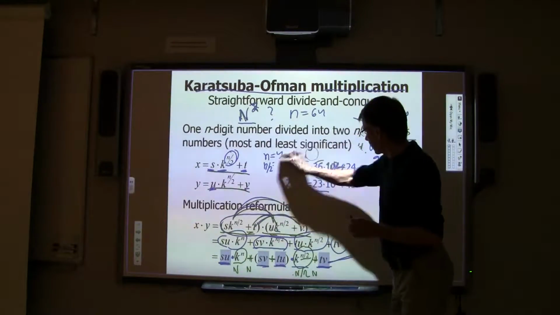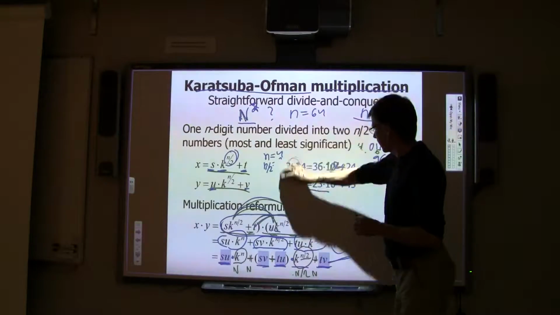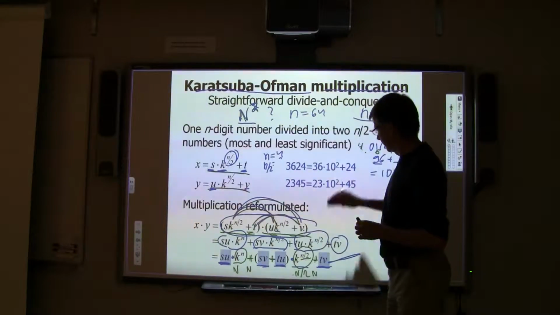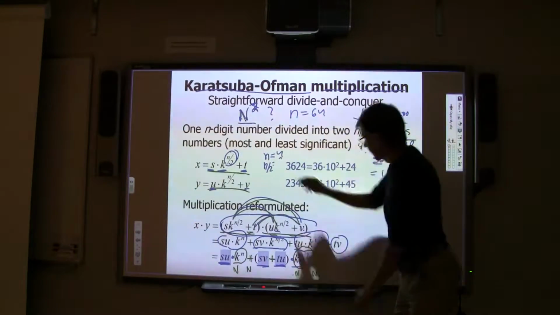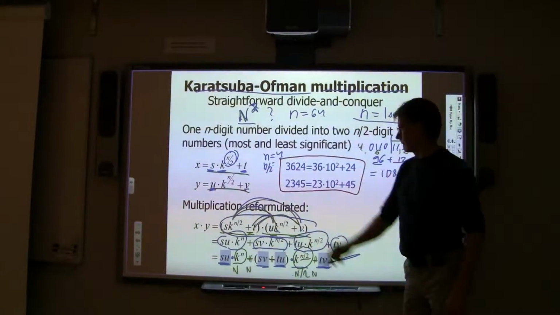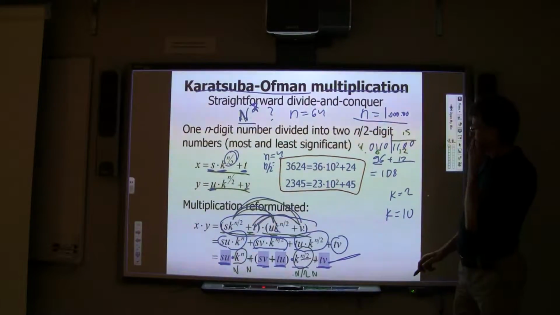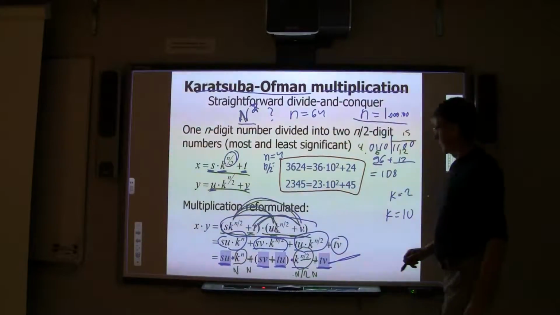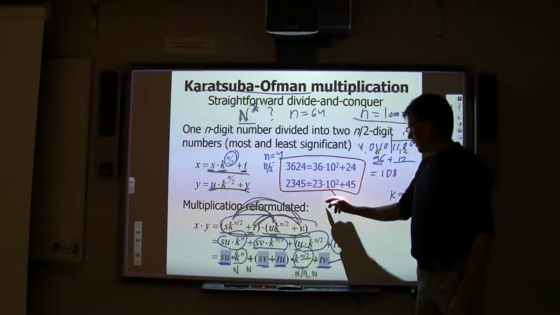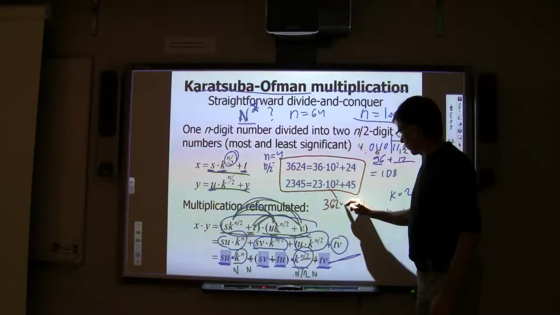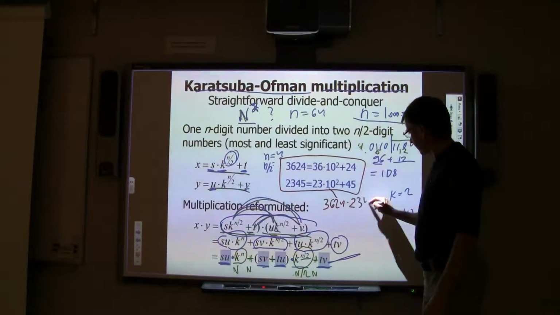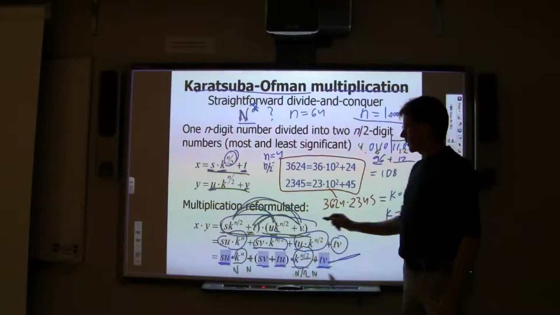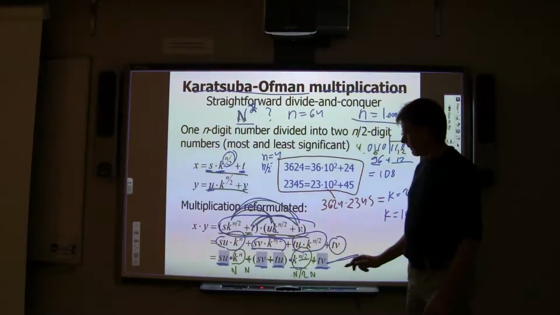Maybe it helps to look at the numerical example here. So now let's do it for this one: 3224 times 2345. If I multiply this using this new formula, what will I have? SU.